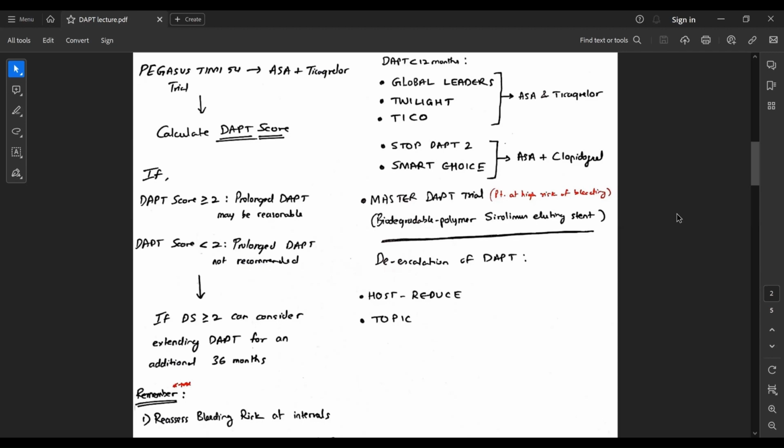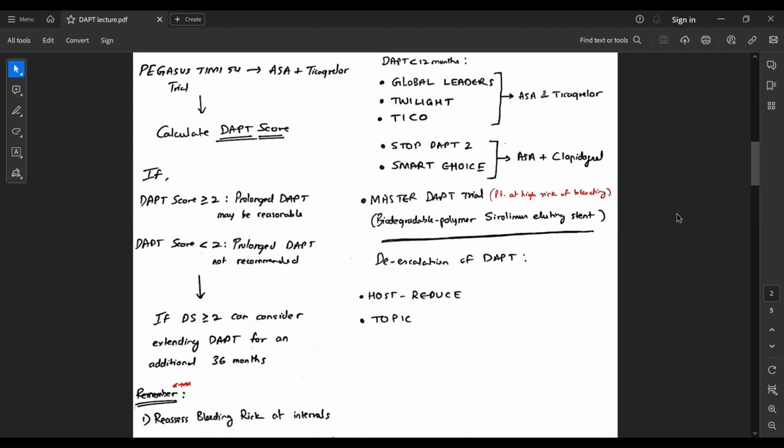They found that in East Asian patients with acute coronary syndrome receiving PCI, when we de-escalate the DAPT in the experimental group, there was reduction in bleeding without an increase in ischemia. So this is an important finding.